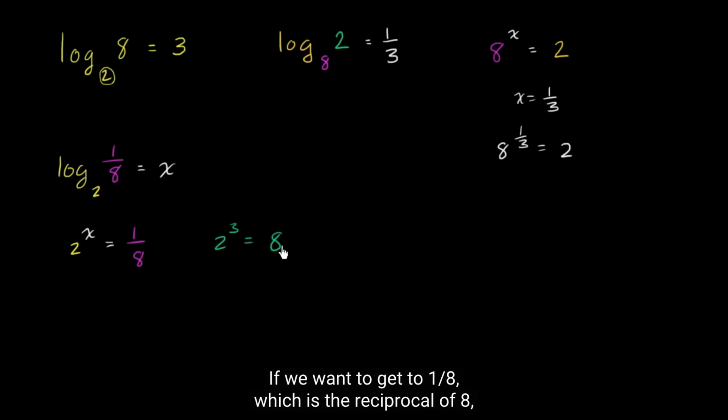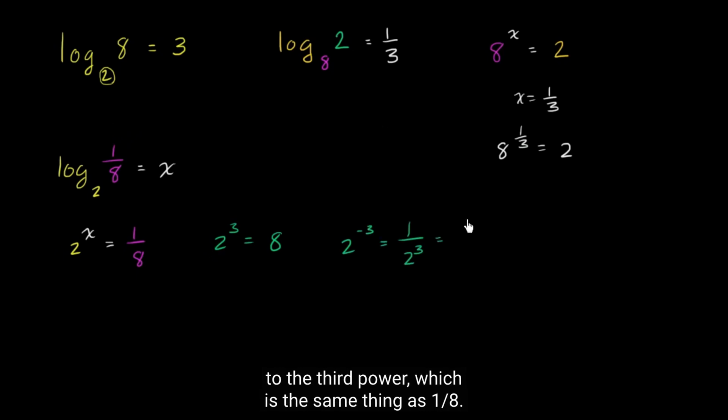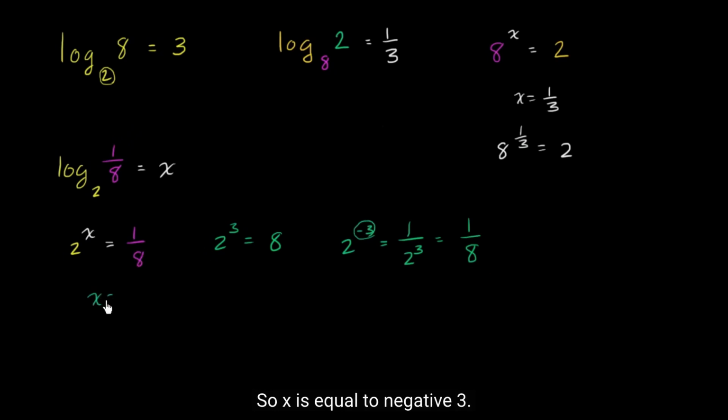If we want to get to 1/8, which is the reciprocal of 8, we just have to raise 2 to the -3 power. 2 to the -3 power is 1 over 2 to the third power, which is the same thing as 1 over 8. So if we're asking what exponent we have to raise 2 to get to 1/8, we have to raise it to the -3 power. So x is equal to -3. This logarithm evaluates to -3.